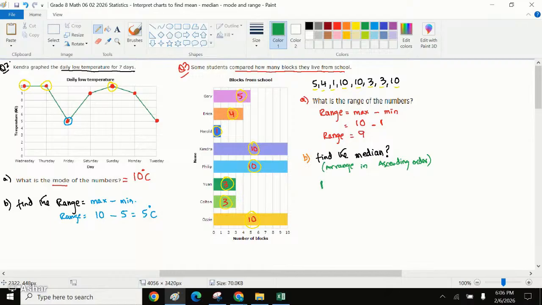1, then we have 3, then we have 3, then we have 4, right? Then we have 5, then we have three values for 10: 10, 10, and 10, right?